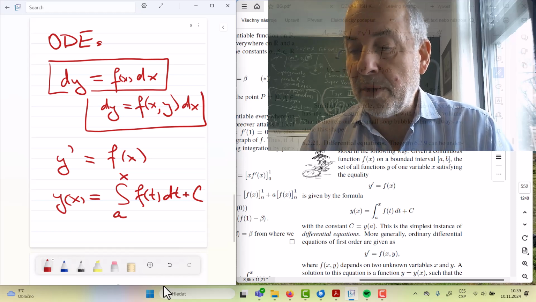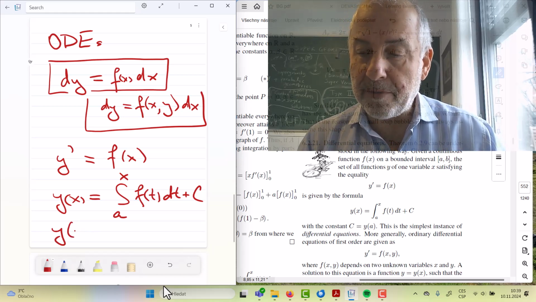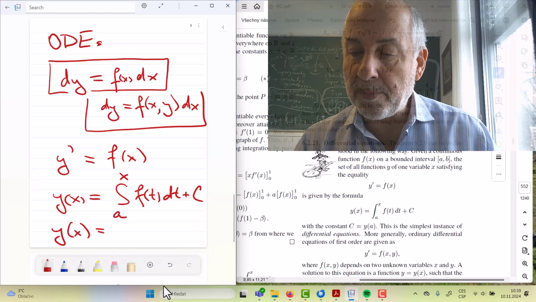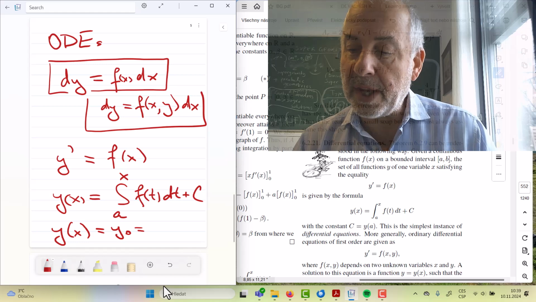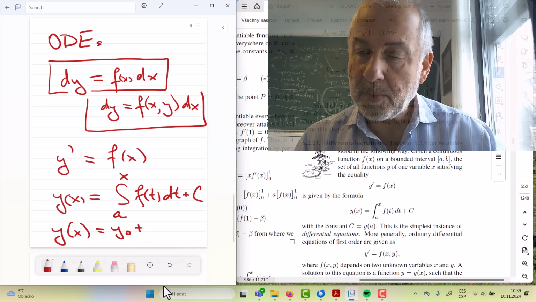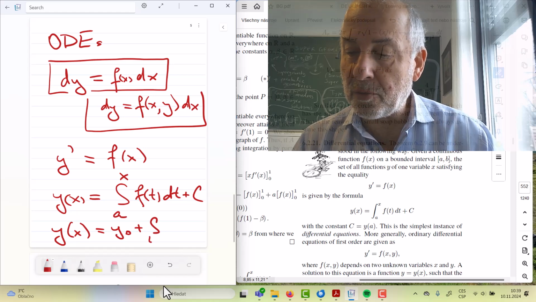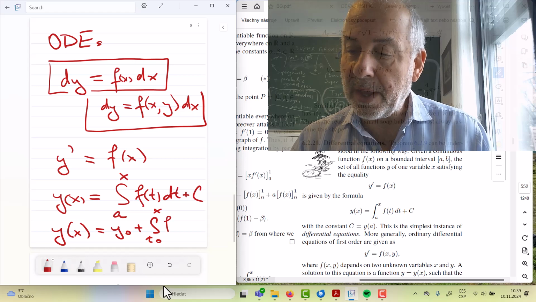And this can be fixed by taking y(t0) equals say some y0, and that will be y0 plus the integral from t0 to x of f(t) dt.